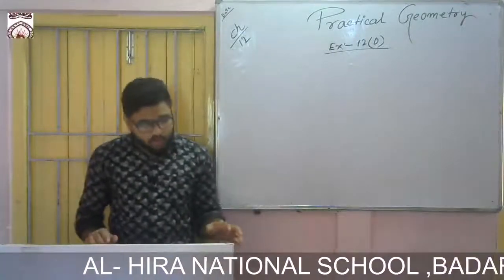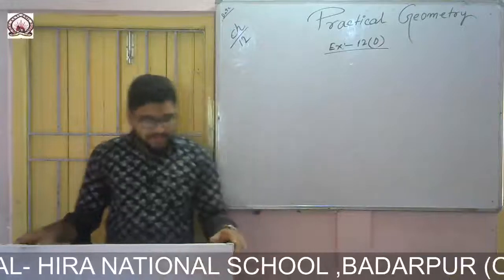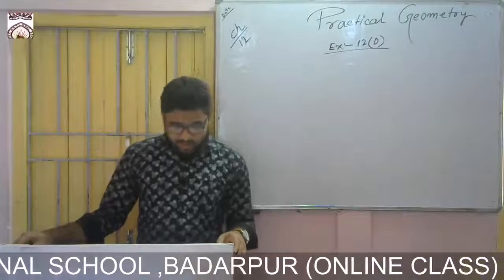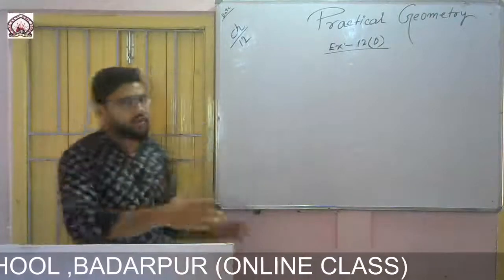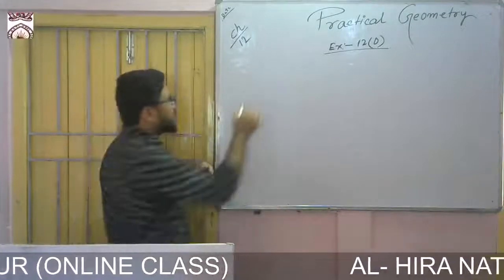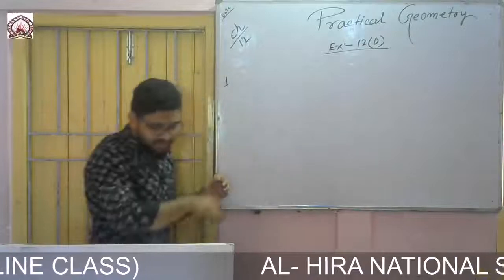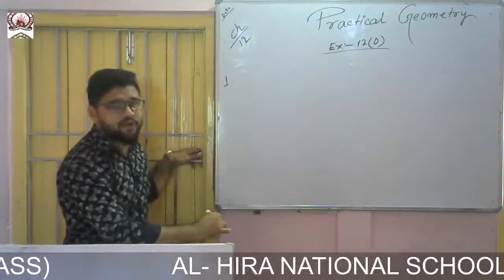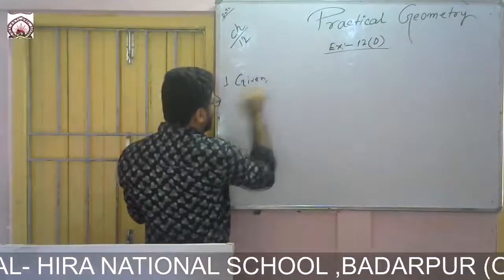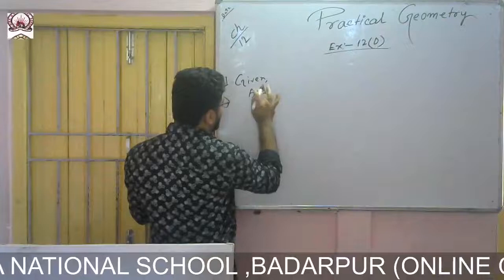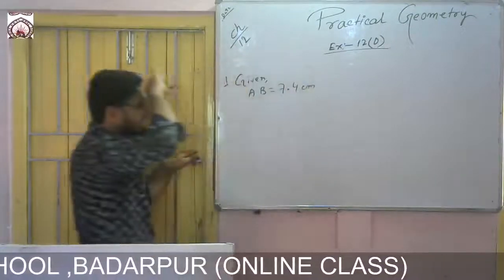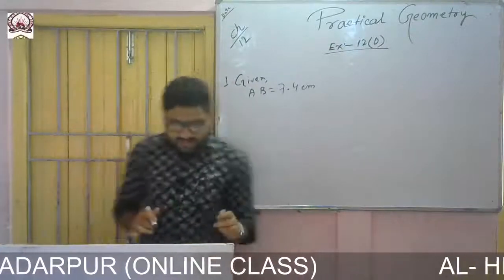In triangle ABC, in which AB equals 7.4 centimeter, angle BAC equals 47 degree, angle ABC equals 68 degree. So first we shall write whatever is given. So let's start. Question number 1, write first, given AB equals 7.4 centimeter.